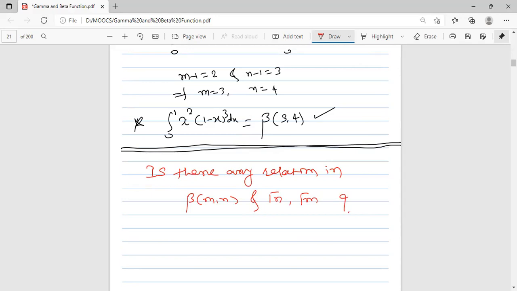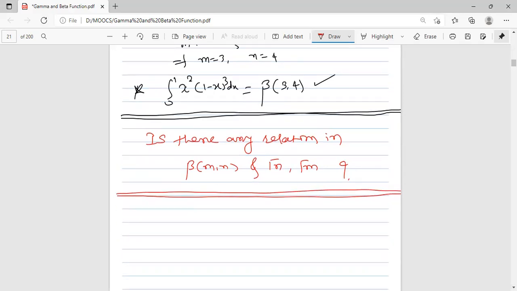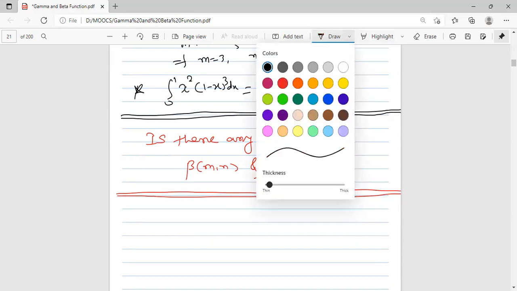We try to find it, and if we get a relation, then we can find the integration. But one thing to remember is that the gamma function you can write in factorial form. In the same way, we will try to build something about this.